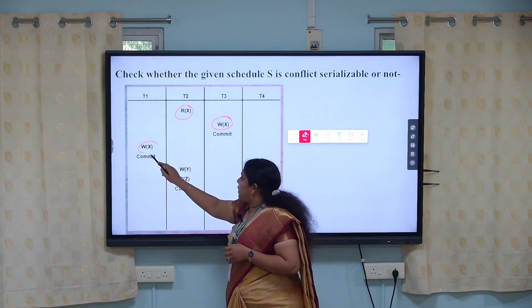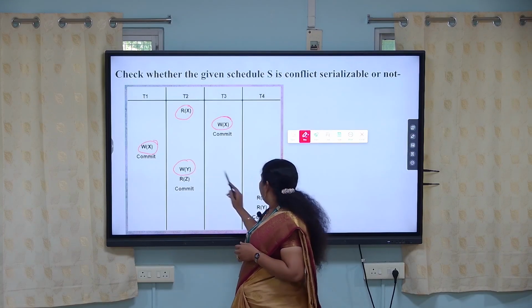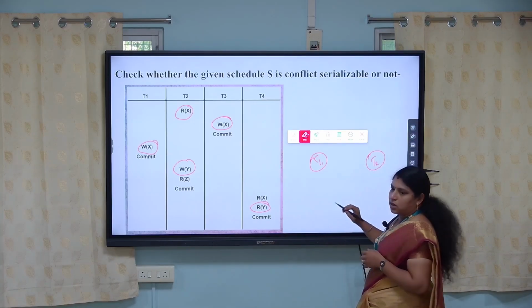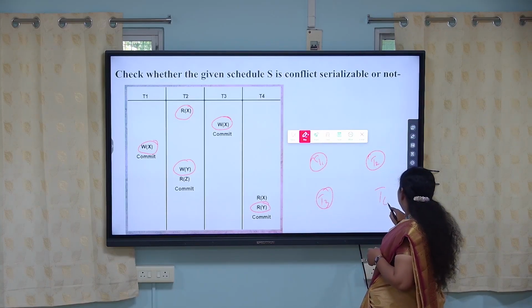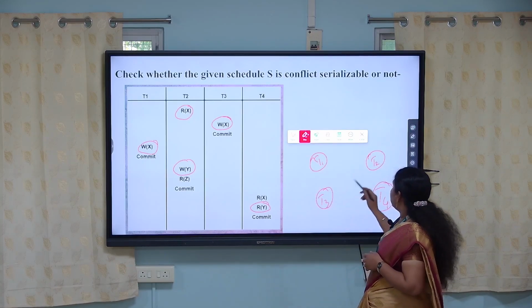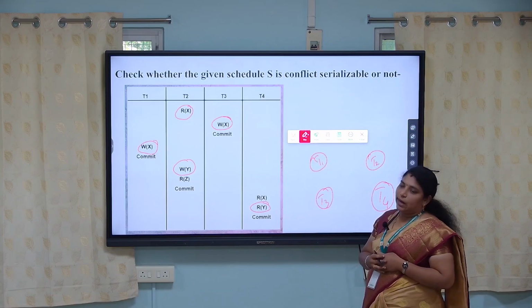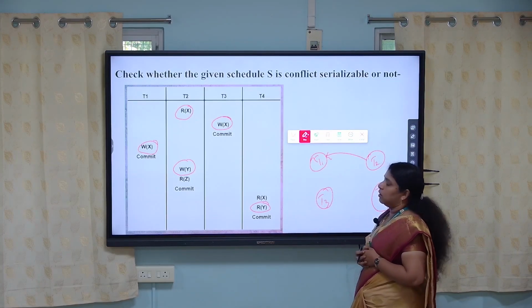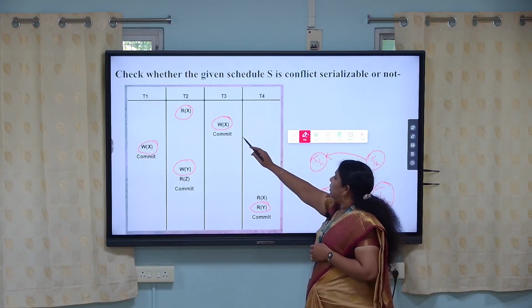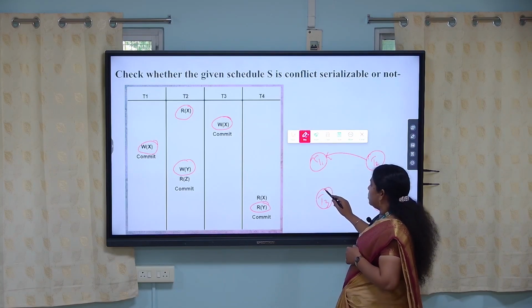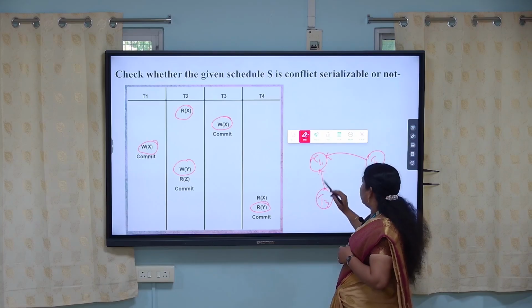These form the nodes T1, T2, T3 and T4. It starts from the read operation on T2, which is a conflict, and the write operation from transaction 3 to transaction 1 is also a conflict.